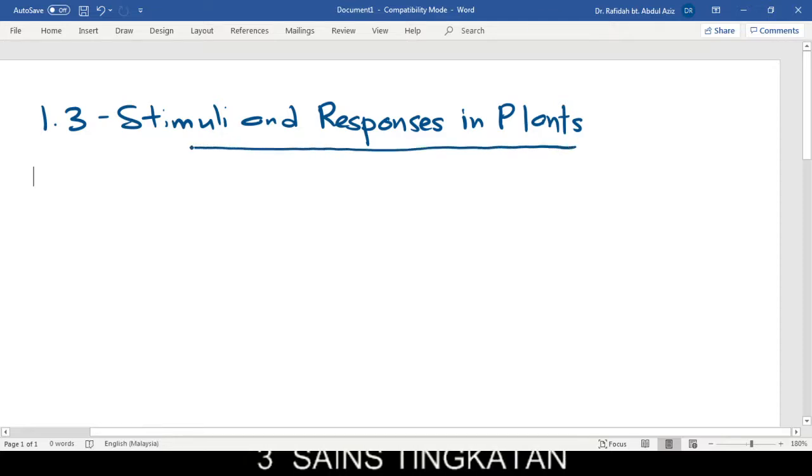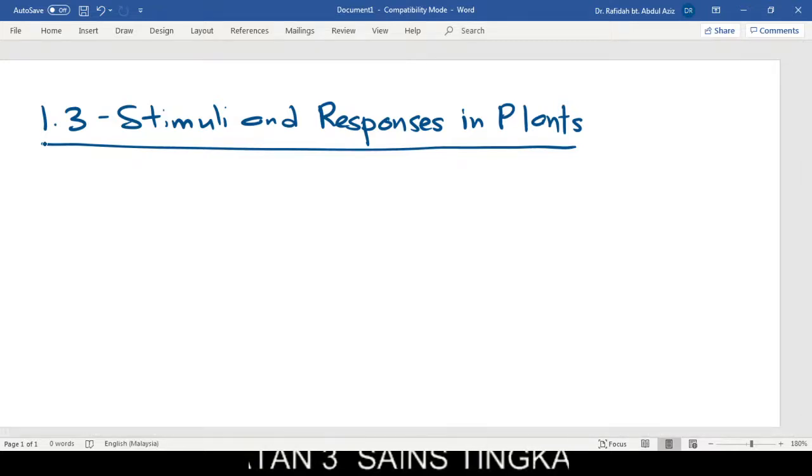Okay, so before this we have discussed about stimuli and responses in human. Now we will proceed to another living organism, that is plants. As you know, plants are also living organisms that can respond to the stimulation that occurs in the environment.